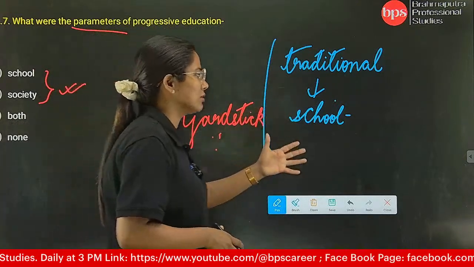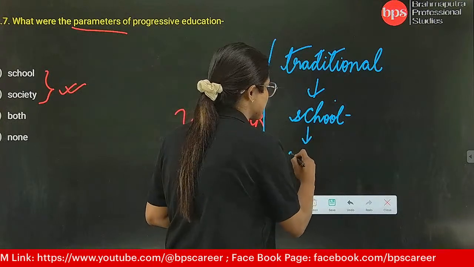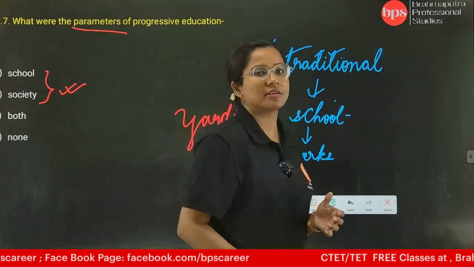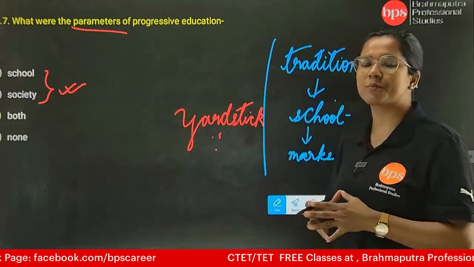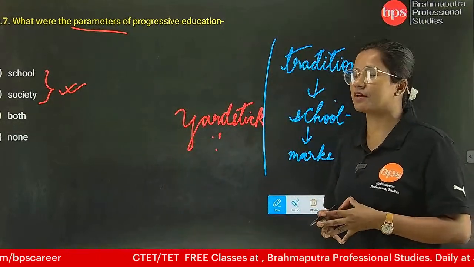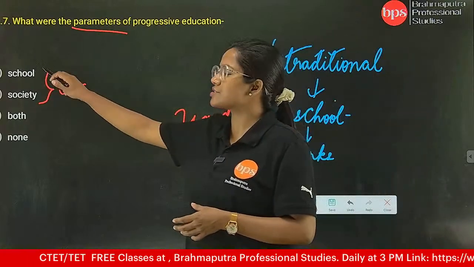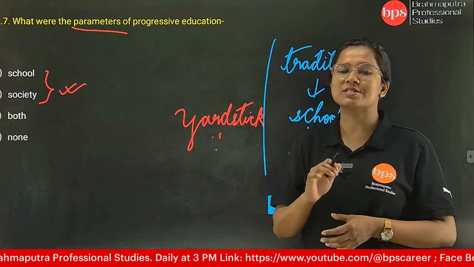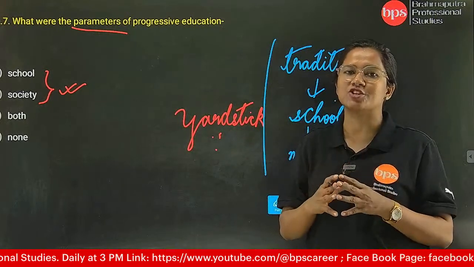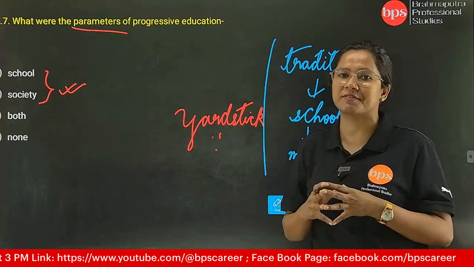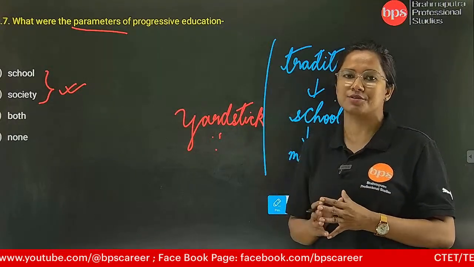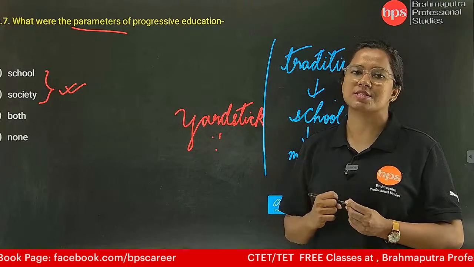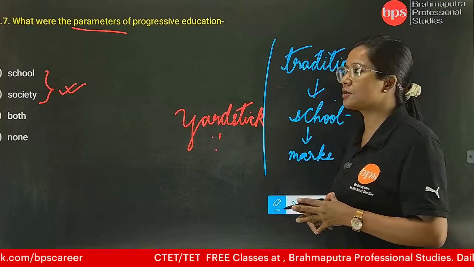That means school, ultimately education, and ultimately the marks. But from the new approach, the progressive approach, what we have learned is that whatever we learn in school is going to be executed in society. And so it is very important that what you learn should be some kind of progressive education where societal or social factors are included in the system itself. Okay, so be clear with this.